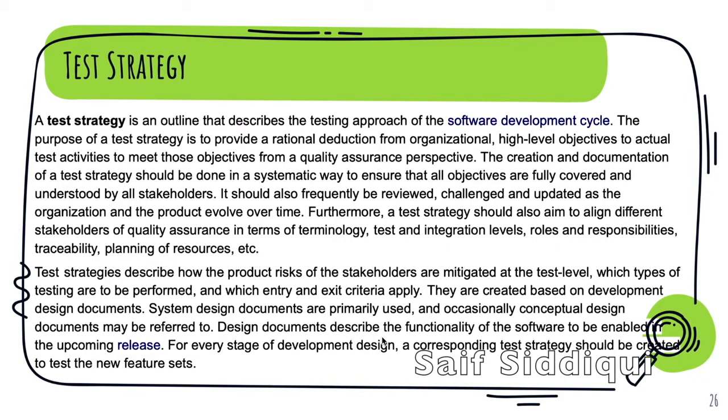What all we are going to do in a software development life cycle to achieve a very good product by doing quality assurance, which we need to follow in order to achieve the quality of the product. And test strategy is an outline for those procedures that we need to take in order to achieve a very good quality of the product.